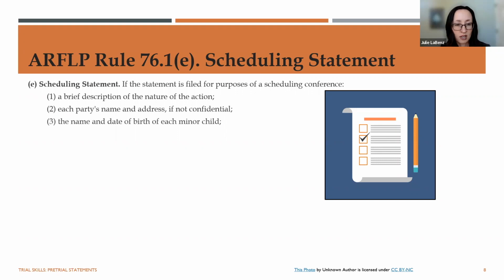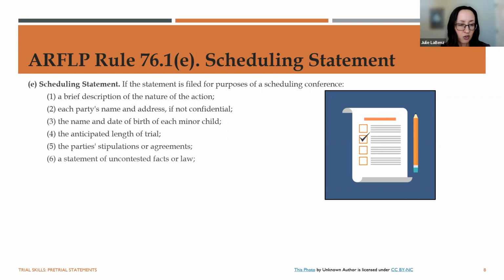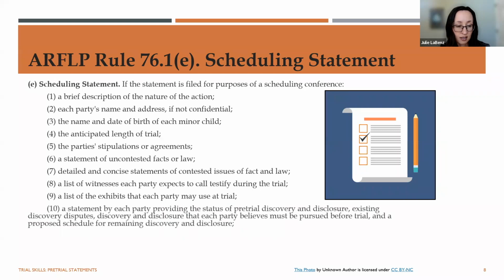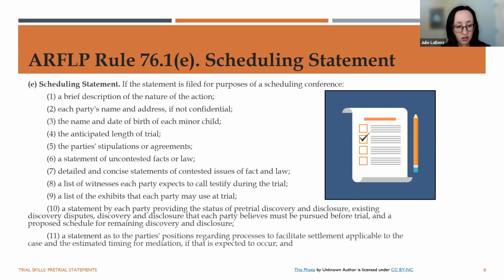A brief description of the nature of the action, each party's name and address, if not confidential, the name and date of birth of each minor child, the anticipated length of trial, the parties' stipulations or agreements, detailed and concise statements of contested issues of fact and law, a list of witnesses each party expects to call to testify during the trial, a list of exhibits that each party may use, and then a statement by each party providing the status of discovery and disclosure, and a statement as to the parties' positions regarding processes to facilitate settlement.